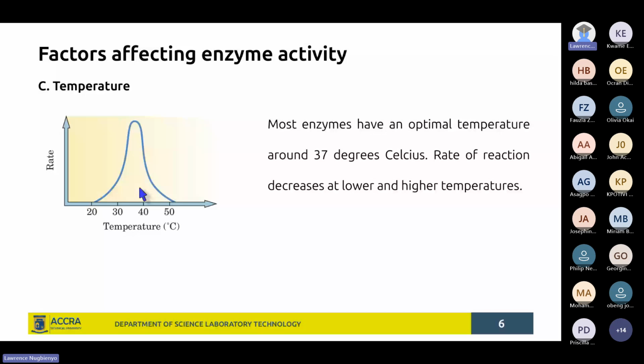Obviously, if you are using, say, a ligase, which will help you to bind these nucleotides to form fragments of DNA, and you do that with an enzyme which cannot withstand such high temperature, the enzyme is going to break down, will get denatured, and so your process will not proceed.